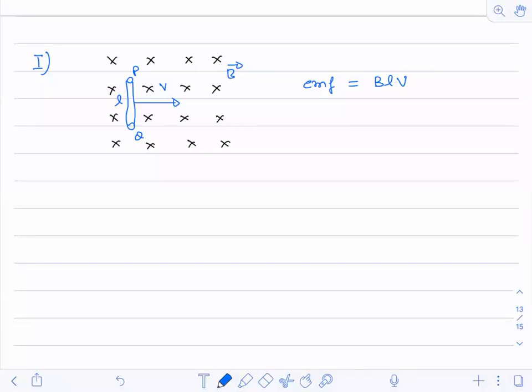Can you see that the maximum number of flux passes through it? Can you visualize it?